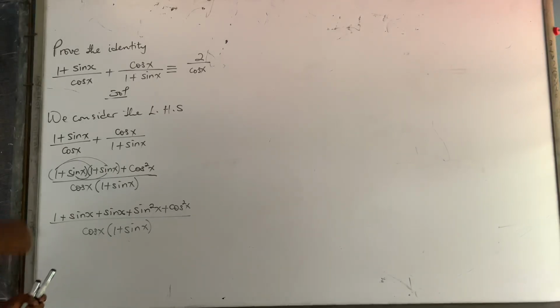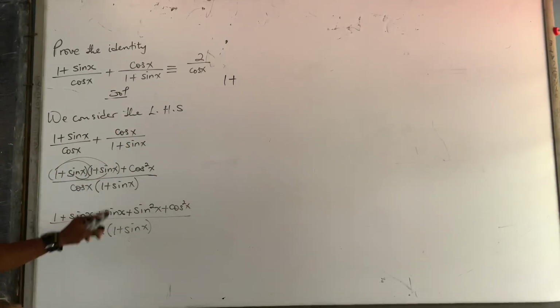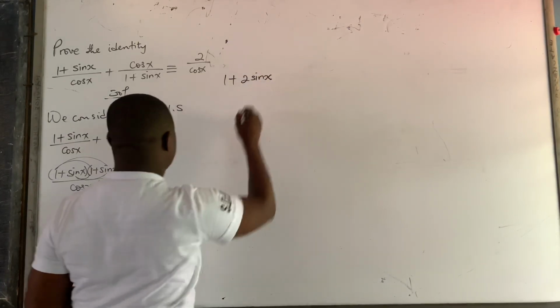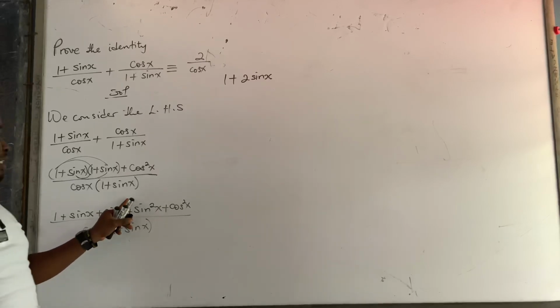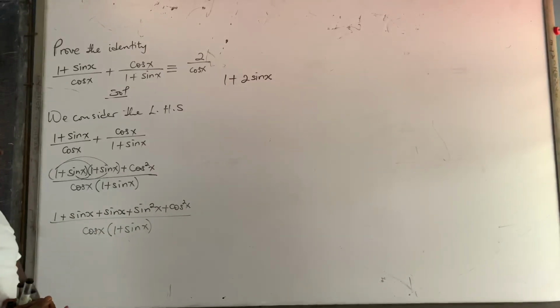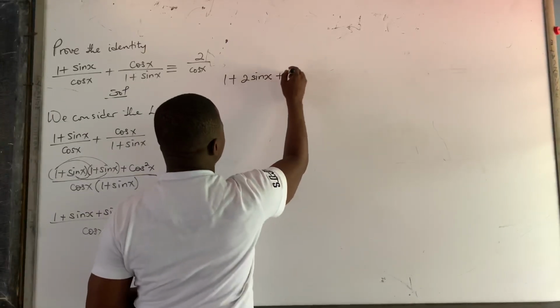So here we are now. When we consider the numerator, we keep going. This is 1 + sin x + sin x, which is 2 sin x. Here is sin squared x + cos squared x. What is sin squared x + cos squared x? It is 1.